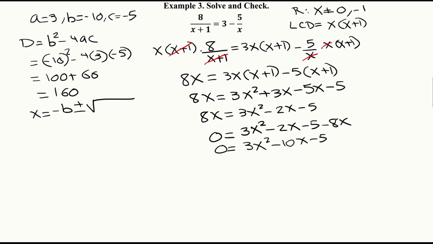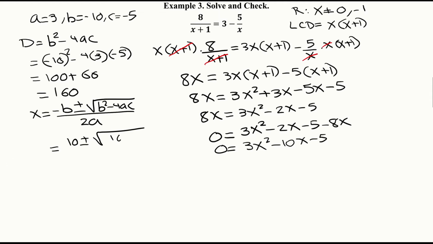So we get -b plus or minus square root of b squared minus 4ac over 2a. So we know that the opposite of -10 is 10, so we get 10 plus or minus square root of, we already calculated b squared minus 4ac, so we'll go ahead and use that.